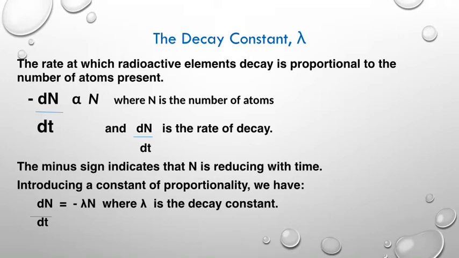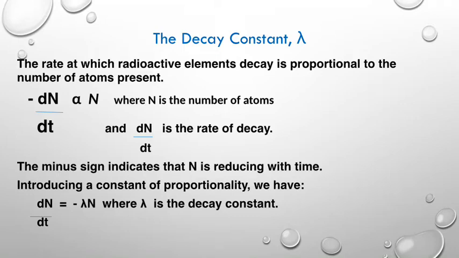So rate of something means that thing over time. So rate of decay of radioactive elements means the change in number of elements, that's the N, over change in time, the t. And that is proportional to the number of atoms present. That is proportional to N.